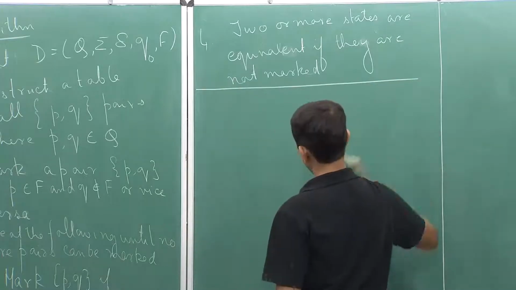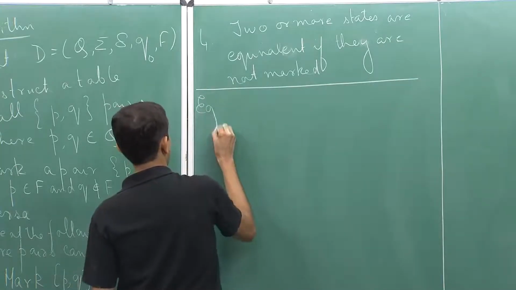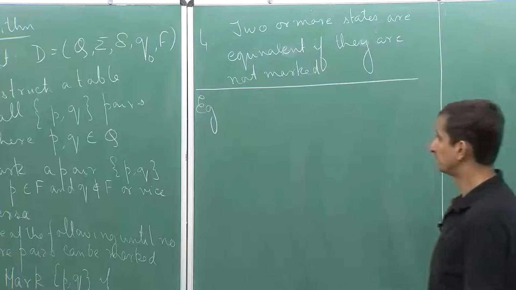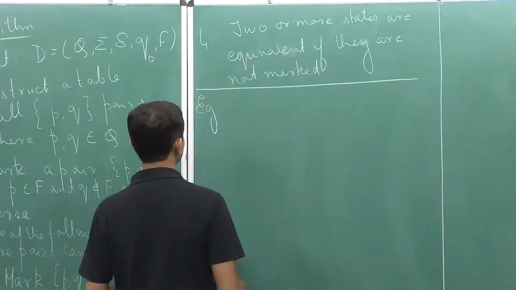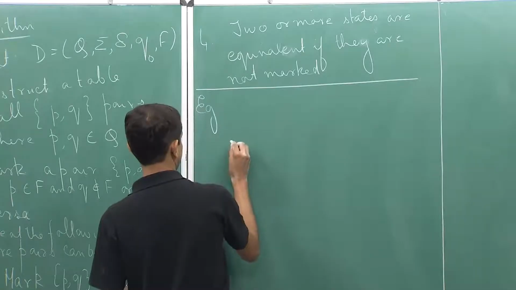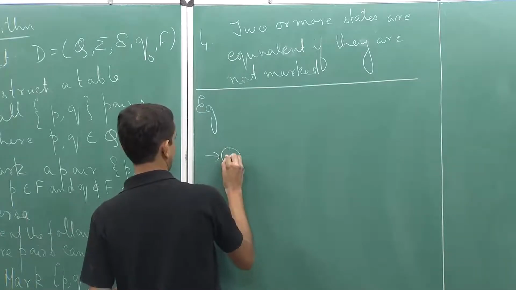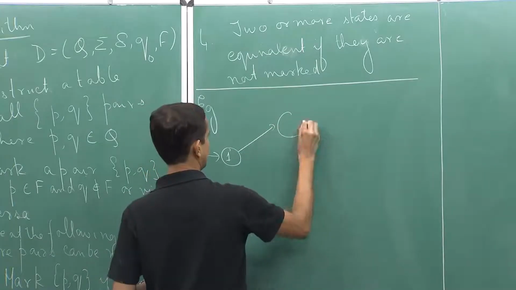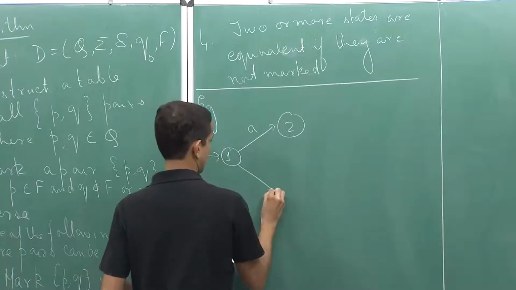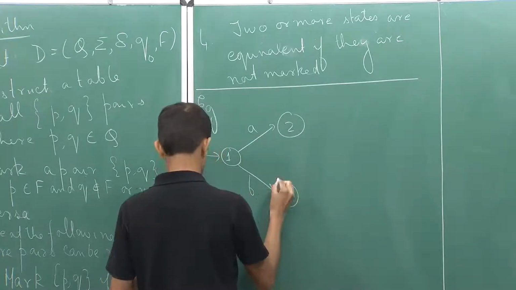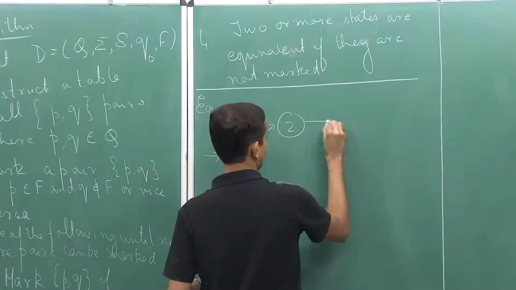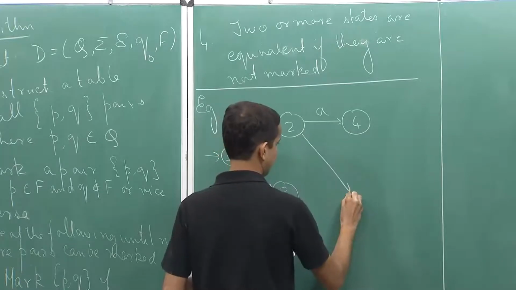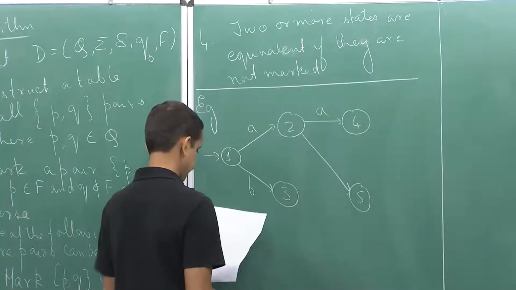Let's look at a DFA. I will construct the following DFA. We have 1 as the start state, and from 1 on an a we go to 2, on a b we go to 3. From 2 on a we go to 4, and on b we go to 5.